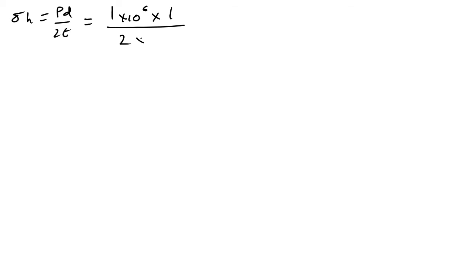Let's start by working out what the stresses are then. So our hoop stress equals PD over 2T, which in this case we have a pressure of 1 times 10 to the 6, internal diameter of 1 meter, and a wall thickness of 10 millimeters. And that gives me 50 megapascals for hoop stress.